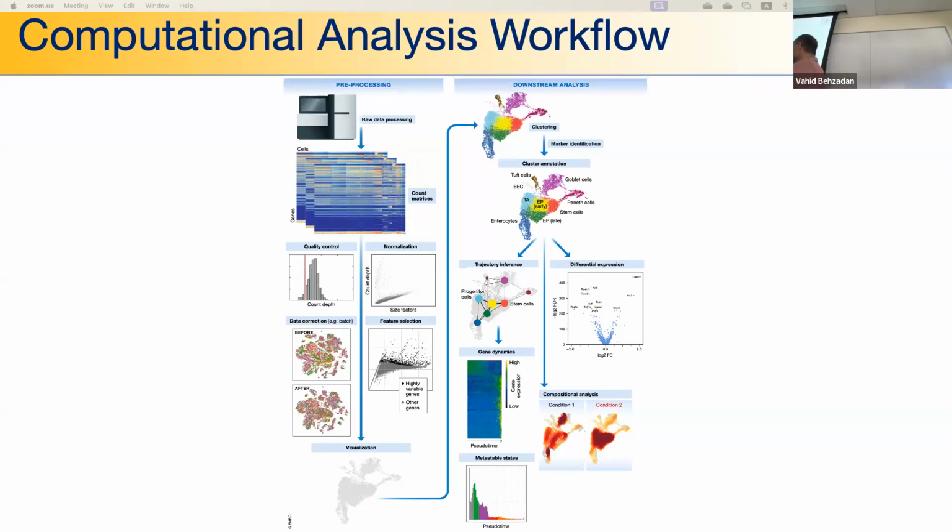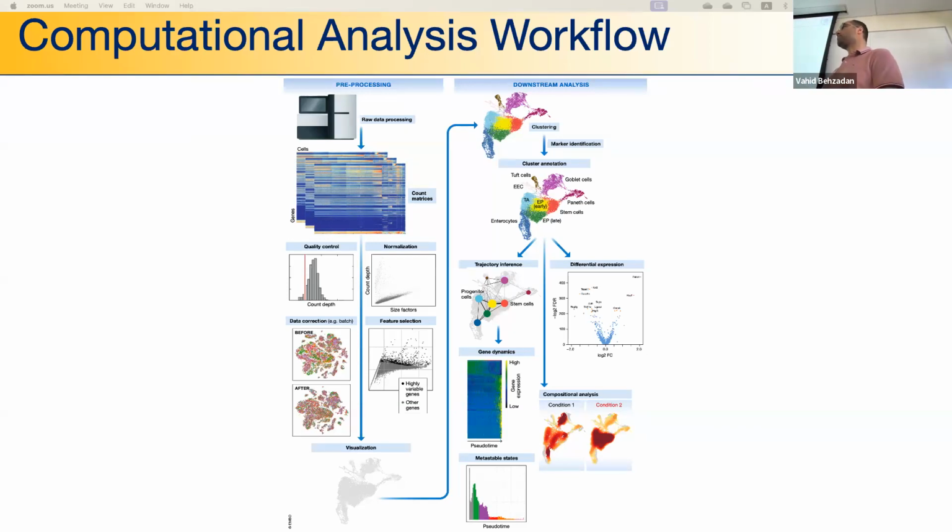You can also compare different conditions. So you have samples from normal subjects and patients who have a specific disease, and then you compare the gene expression for a subgroup of cells between the normal and disease. So you see what happens between the two conditions.